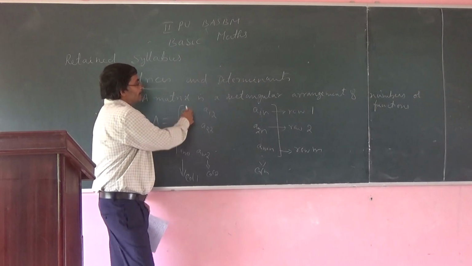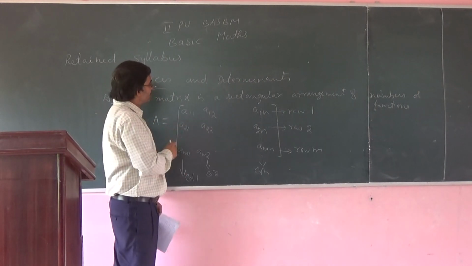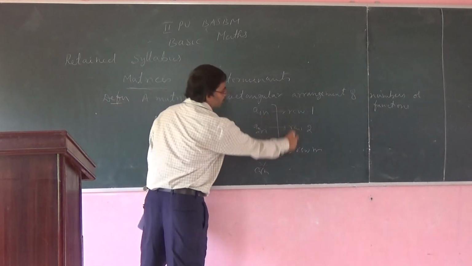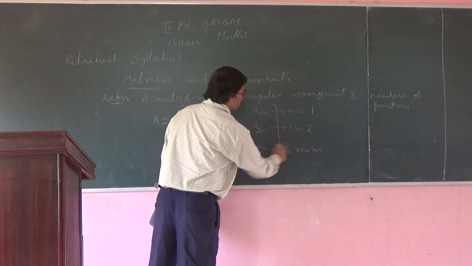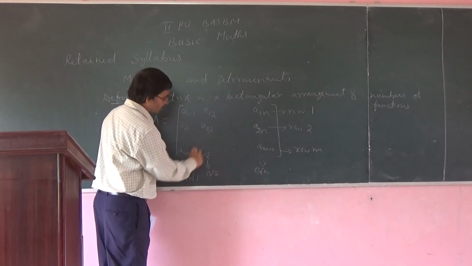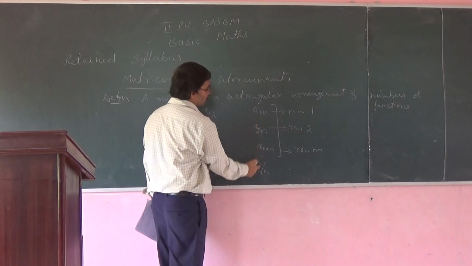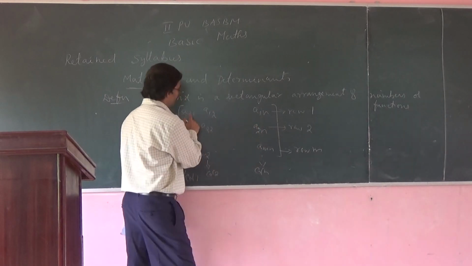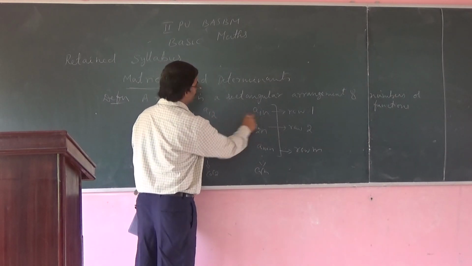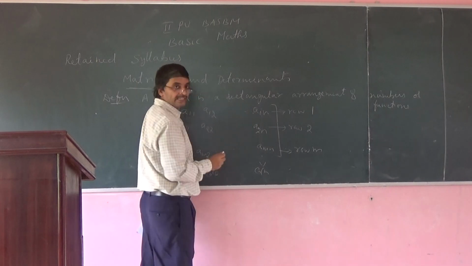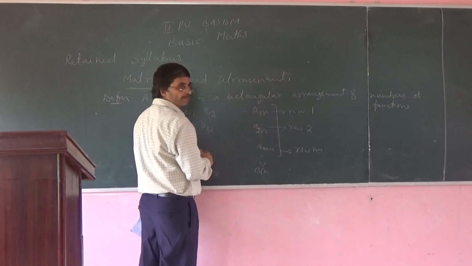Let me explain this again. Here there are m rows, row 1, row 2, up to row m, and there are column 1, column 2 up to column n. Observe A11, A12, A1n. So in this row there are n elements.